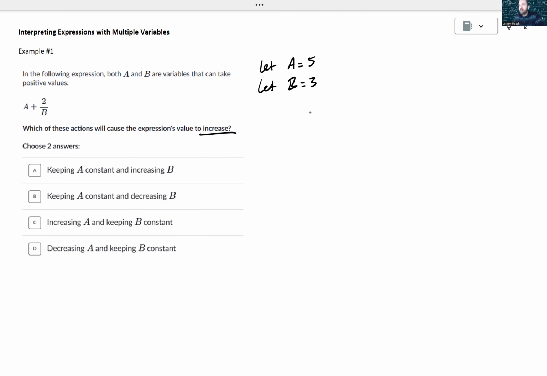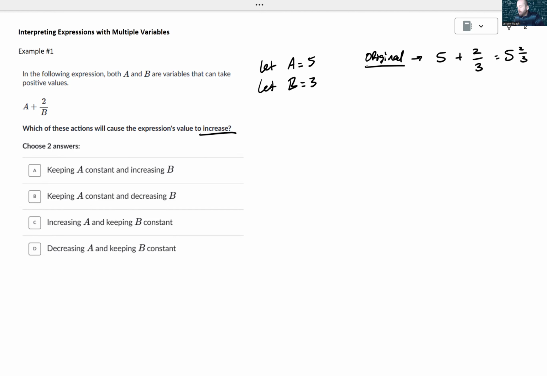You can choose any number that you want. It's totally okay. But now we're going to look at what that would make our original equation. So our original equation, if we plug those in, would become 5 plus 2/3, or 5 2/3 as a mixed number.